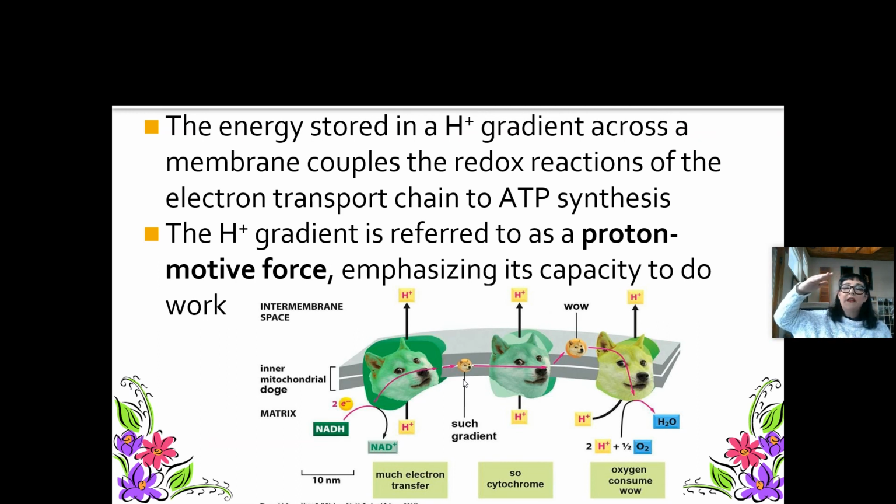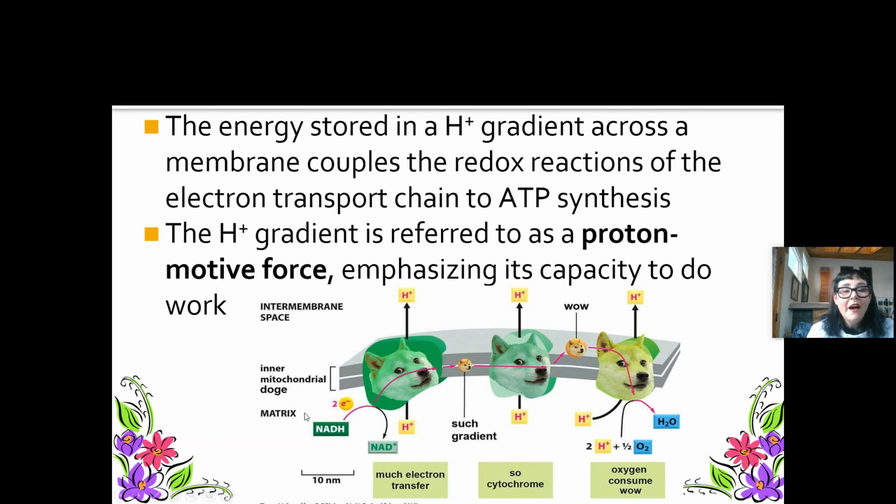Now, this hydrogen gradient, we call this proton motive force, because those hydrogen ions are protons. So motive, meaning movement, this force is going to cause movement of ATP synthase, which is a lot of energy that then can be taken to phosphorylate that ATP.